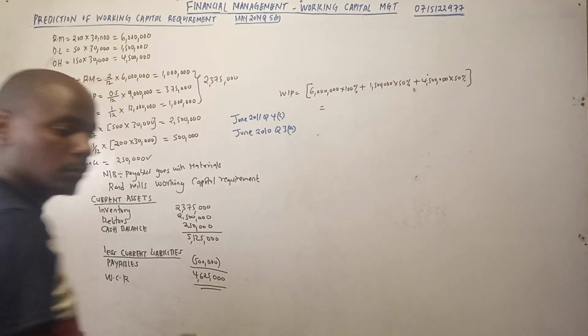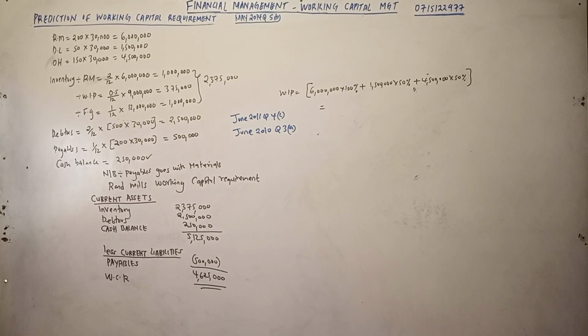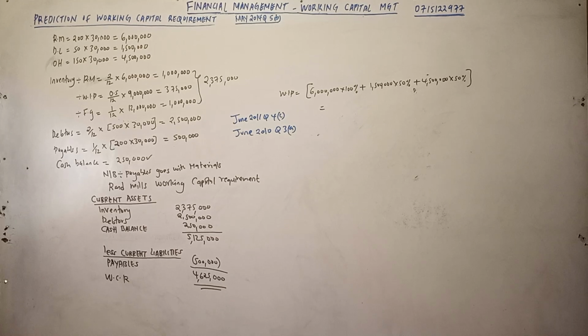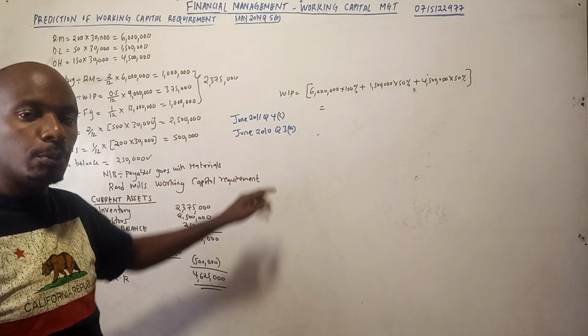So make sure you try them. June 2010 question 3 is in the revision kit for FM. The past paper is there. There is no other question. So those are the only questions which appear in our past papers from June 2010 up to now.